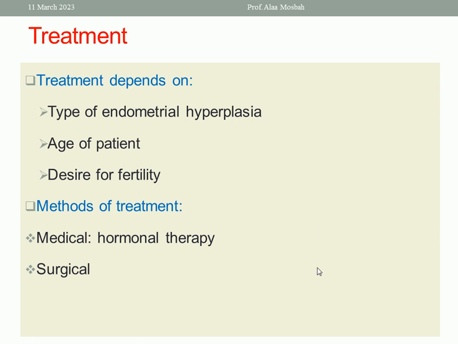Methods of treatment include medical or surgical, like total hysterectomy, medical like hormonal therapy, either by inserting a levonorgestrel releasing intrauterine system like Mirena, because here we are using the Mirena as a management for endometrial hyperplasia. Or the alternative is oral gestagen, as we will see.